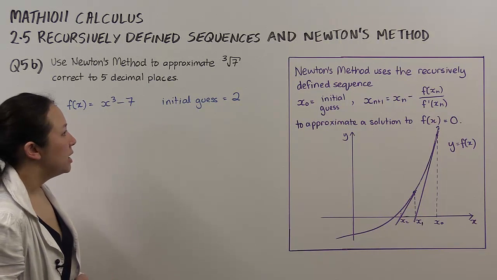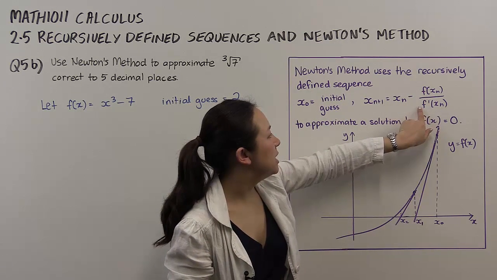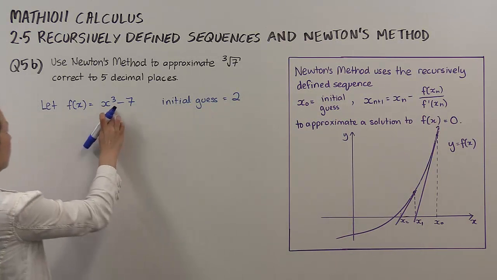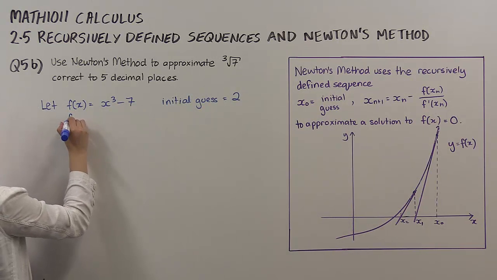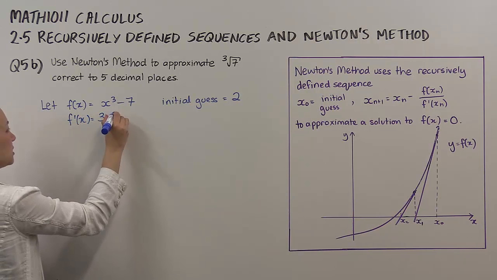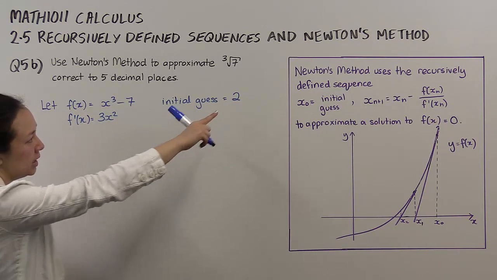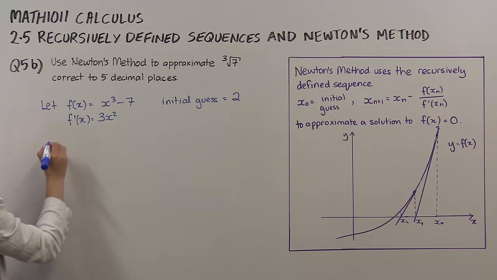Now to apply this recursion here, I need f of xn and I need an f dash. So if f of x is x cubed minus 7, then f dash of x is 3x squared, since x cubed differentiates to 3x squared and 7 differentiates to 0. So let's write down our sequence then.